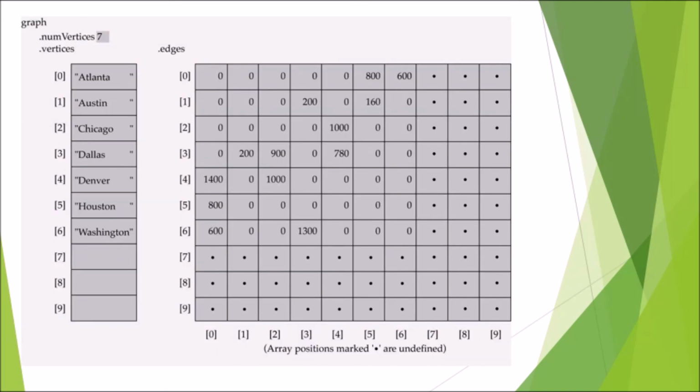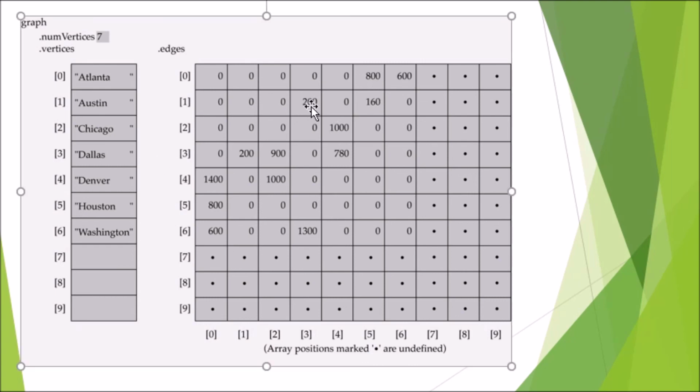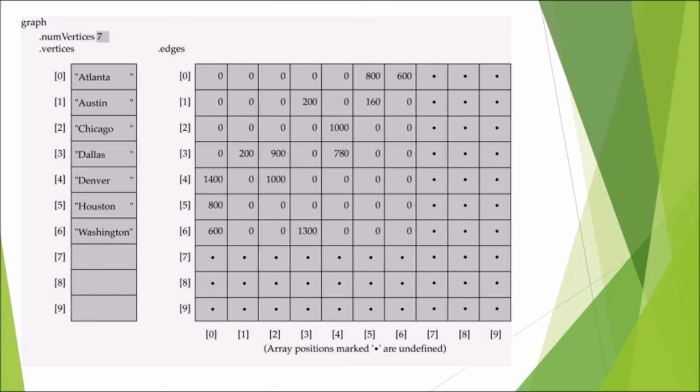So we will find Austin, that is in row 1, and Dallas, that is in column 3. We will find the crossing point of row 1 and column 3. Here, as we can see, it is 200. That represents the distance between Austin and Dallas. So that is how the representation is done in matrix form.